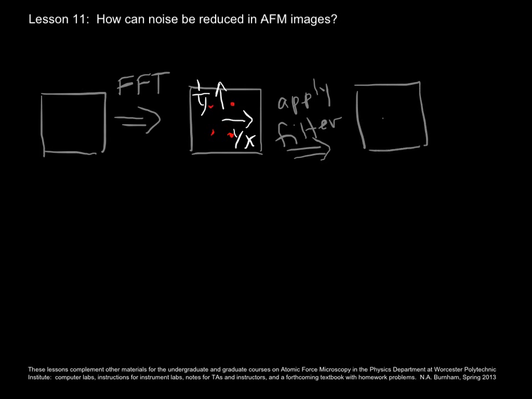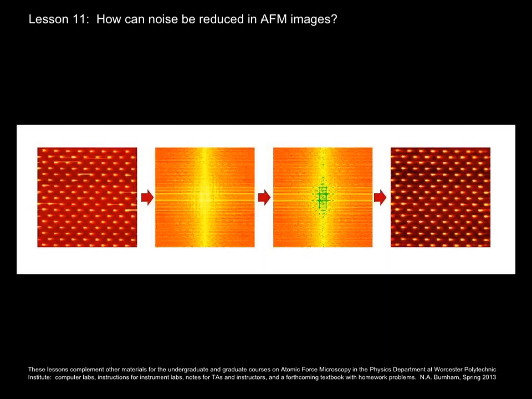You get a modified Fourier transform, and then you do the inverse Fourier transform to get your processed image. It looks like this.